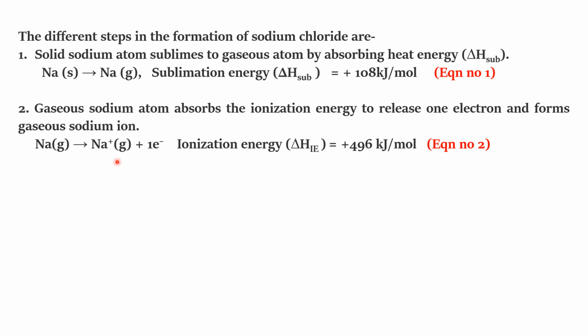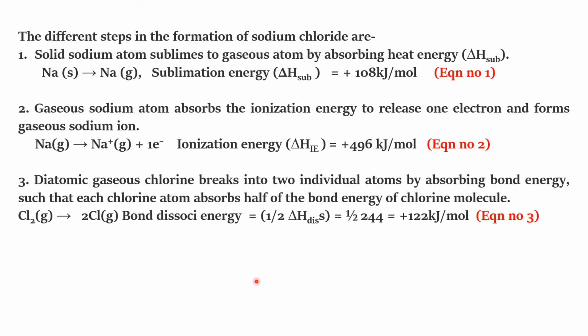So here Na is converting to Na plus. So we are supplying energy, and that energy is called the ionization energy. The energy is supplied, hence the value is positive, positive 496 kilojoules per mole. So in the second step, we converted sodium in the gaseous state to sodium cation.